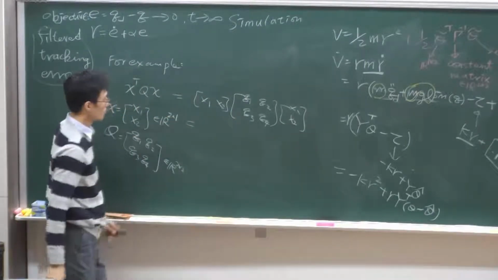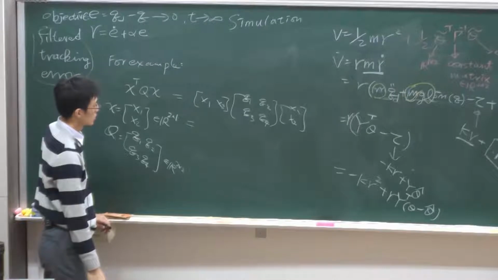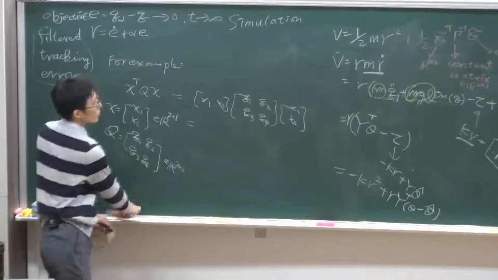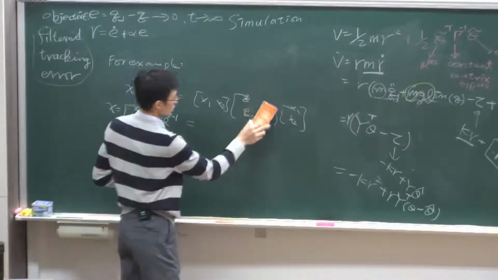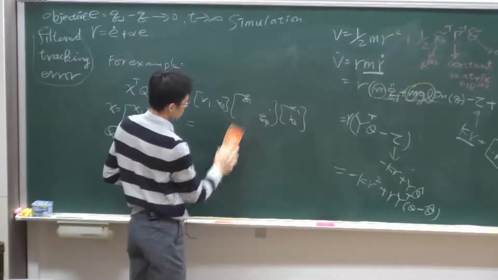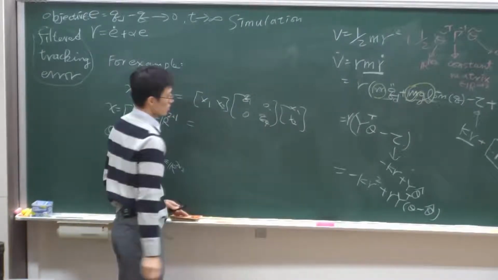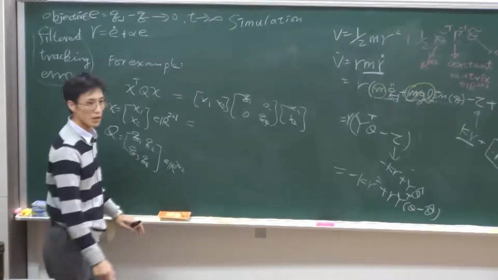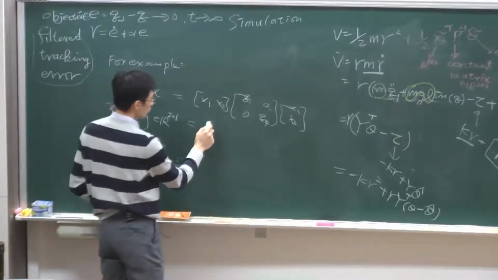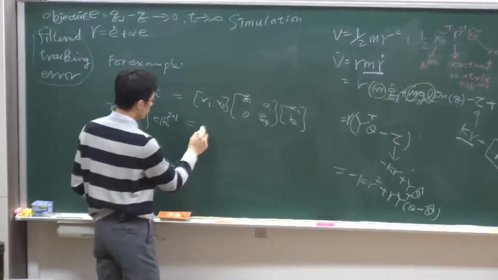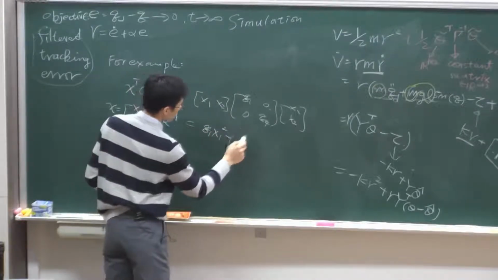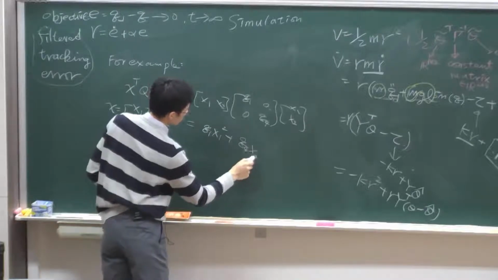When you multiply this, you will get some stuff. But usually we design that gamma as a diagonal matrix, which will be 0 in the off-diagonal terms. So this gives you a simpler form, which is Q1 x1 squared plus Q4 x2 squared.